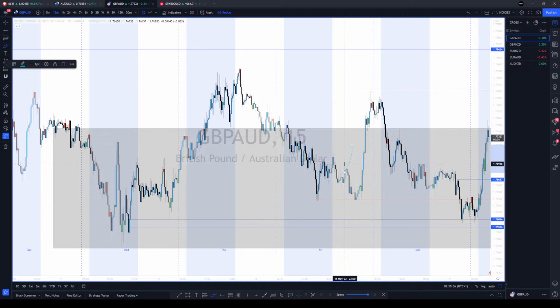If it goes, let's say 50 pips, all right, during the Asian session, if it goes 50 pips up when you want to buy, forget it. Okay, and if you want to sell and it drops 50 pips, forget it. Just look for something else, right?